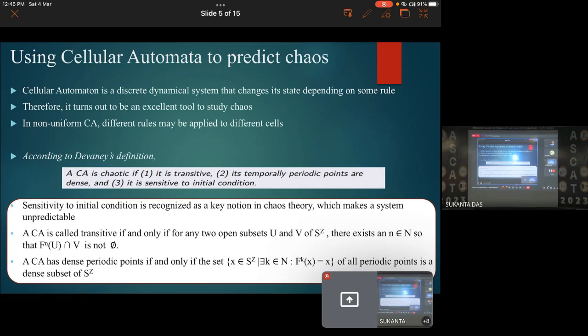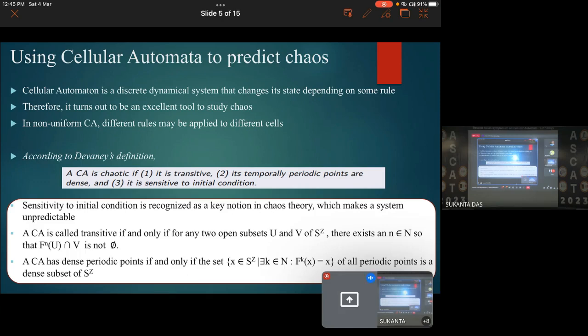So we have some initial configuration and we apply some rule here, and after applying some rule it starts its evolution, and how the evolution will actually be done or how we can get the behavior of the evolution, that depends on the rules and its neighbors. Therefore it turns out to be an excellent tool to study chaos.